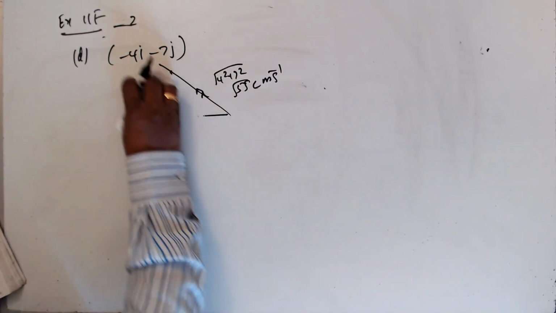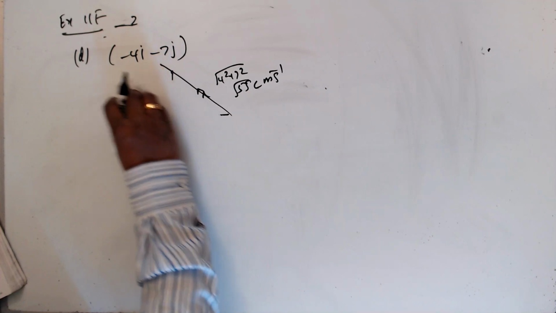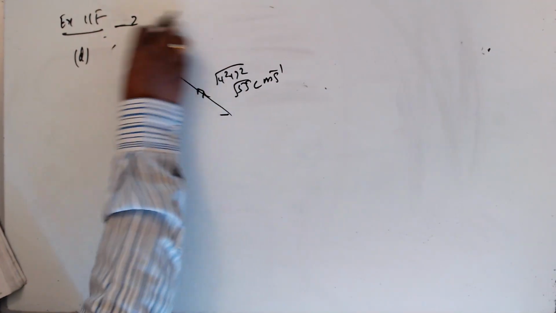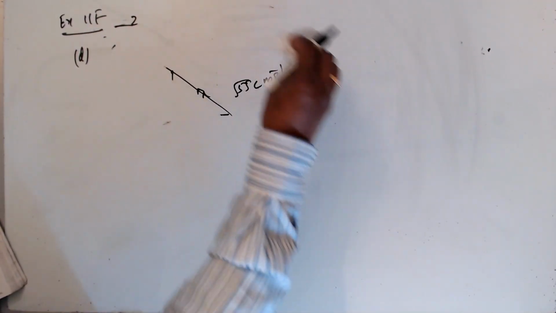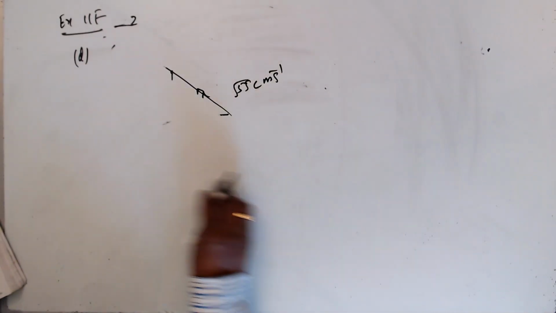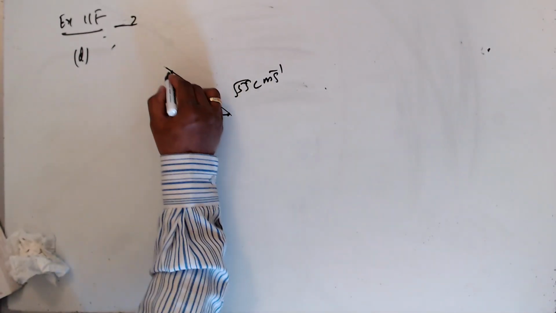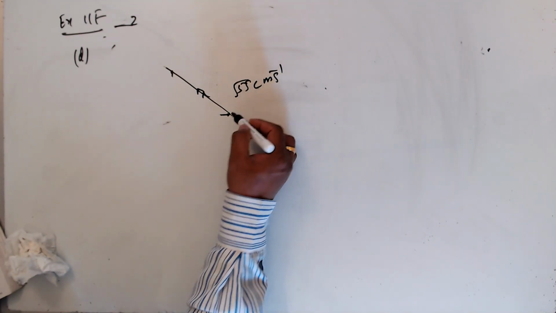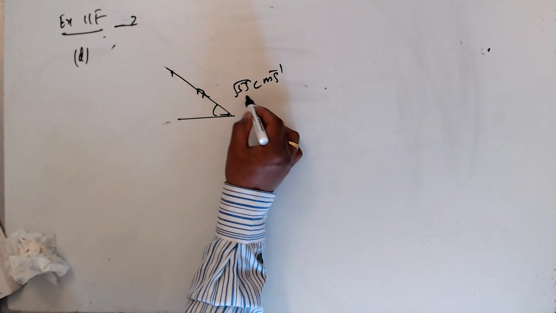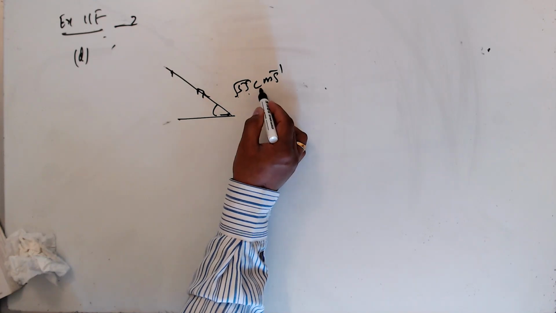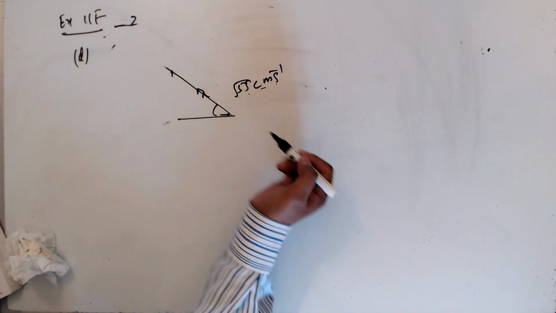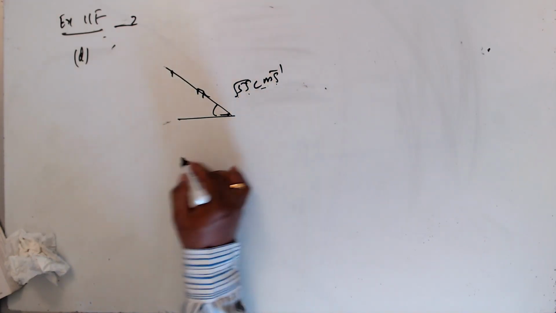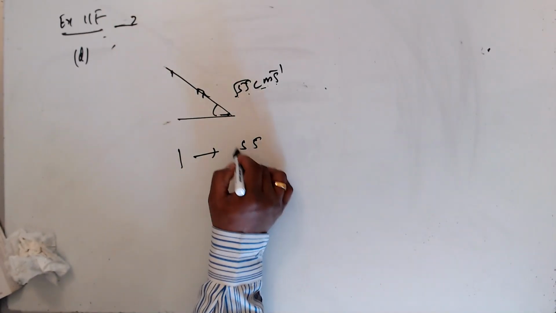Now I know the speed for this direction is square root 65 centimeter per second. If you go for 1 second, you go square root 65.